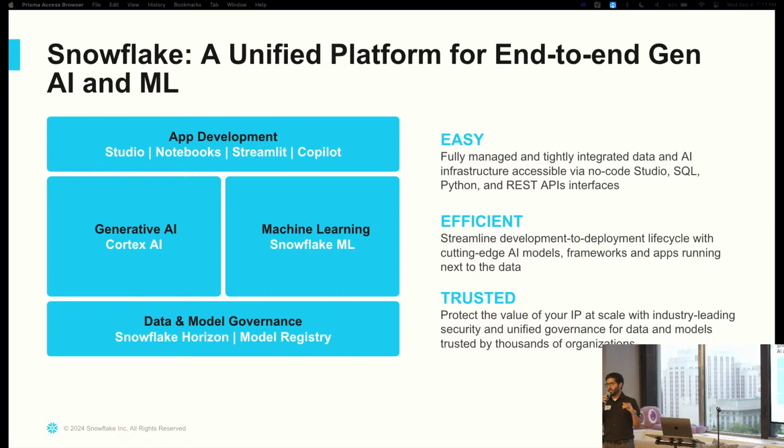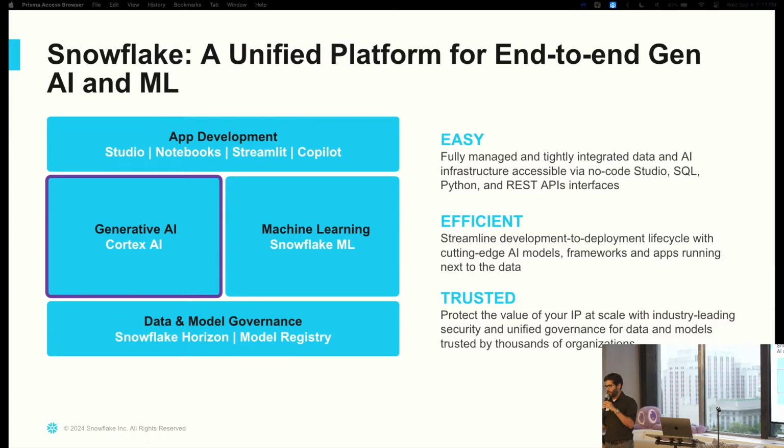Everything we talk about in terms of generative AI at Snowflake is under the Cortex brand. The three principles that guide us around Gen AI are that it's easy, it's efficient, and it's trusted. It's easy because it's a fully managed service, so you don't have to worry about managing infrastructure or GPUs.